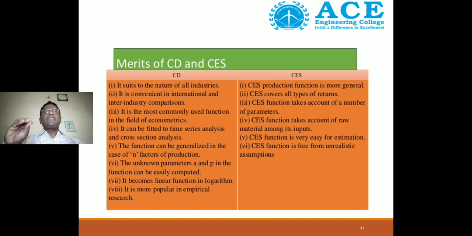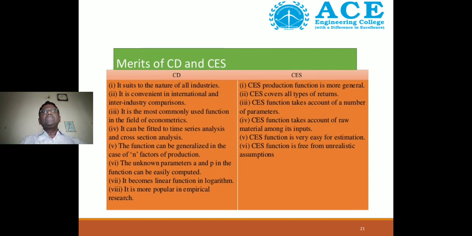On the basis of the syllabus, we discussed returns to scale and different types of production functions. How many types did we discuss? We discussed 3 types: the Cobb-Douglas production function, the Leontief production function, and the constant elasticity of substitution production function.